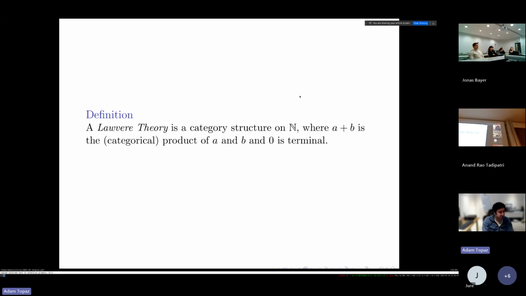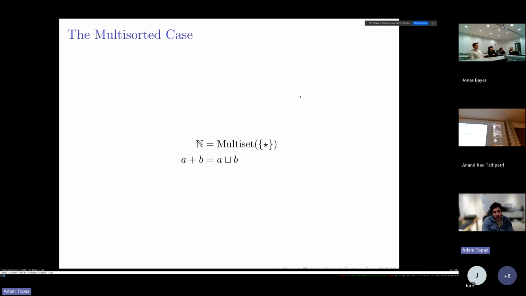Now, let me briefly describe how to go from the single-sorted story to the multi-sorted story, in a way that is maybe most convenient for this particular crowd, maybe not as convenient for the average mathematician. The key observation is that we can identify the natural numbers with the collection of multi-sets on a single point set, and the sum of natural numbers under this identification corresponds to the disjoint union of multi-sets.